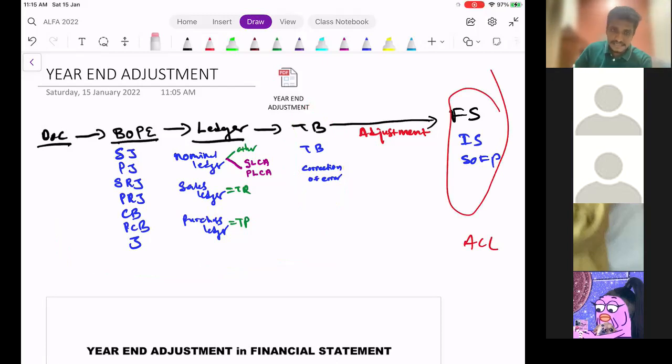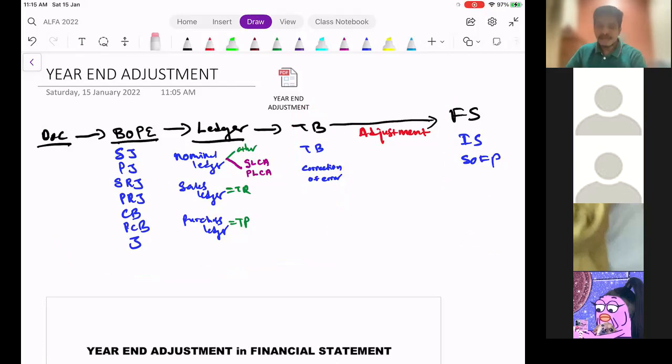The figures in the trial balance, TB, are not updated. For example, prepaid expenses, prepaid income, accrued expenses, depreciation, and provision for doubtful debt, all these things haven't been recorded here.